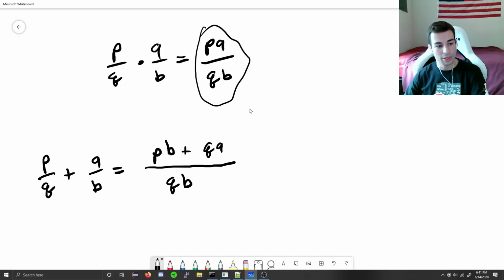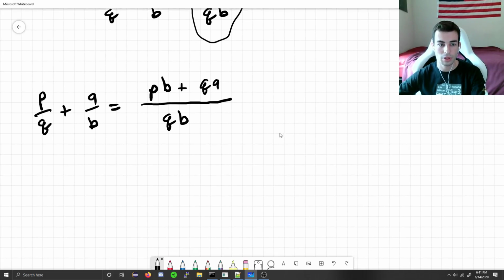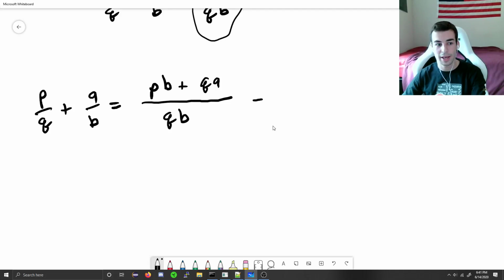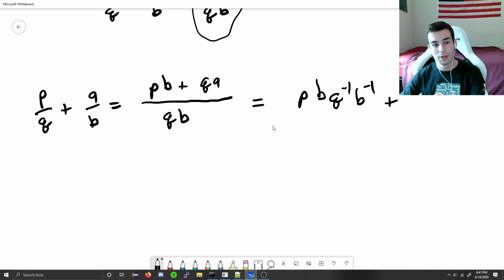And so I guess this is what we're representing. This is the same as PB times Q inverse B inverse plus QA times Q inverse B inverse.